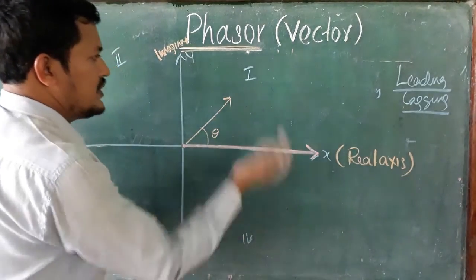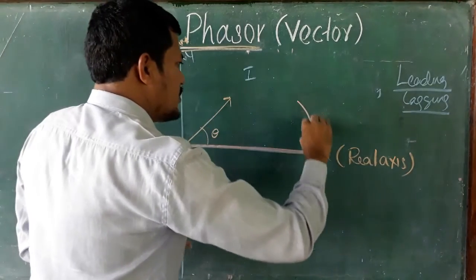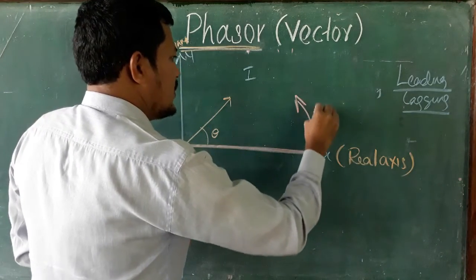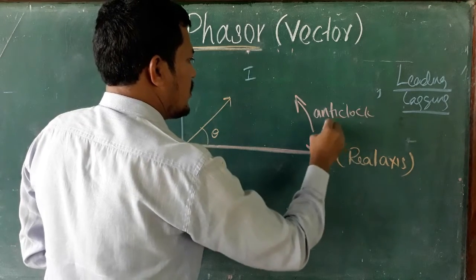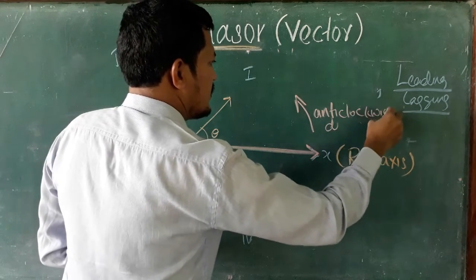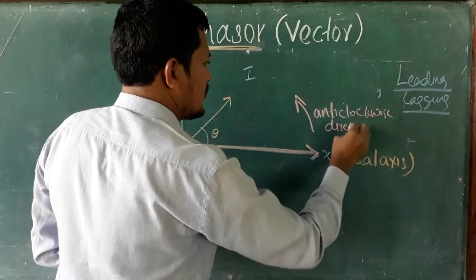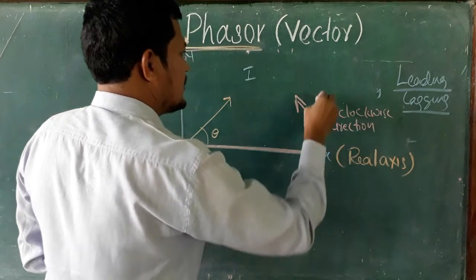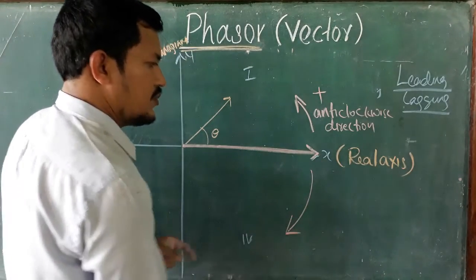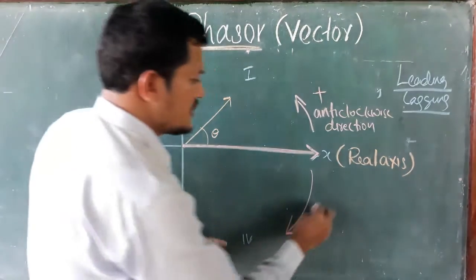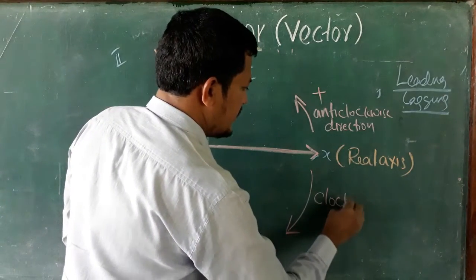And again we measure positive values in the anti-clockwise direction only. Clear? This is a positive value. Suppose we measure in the clockwise direction, we have to take it as negative.